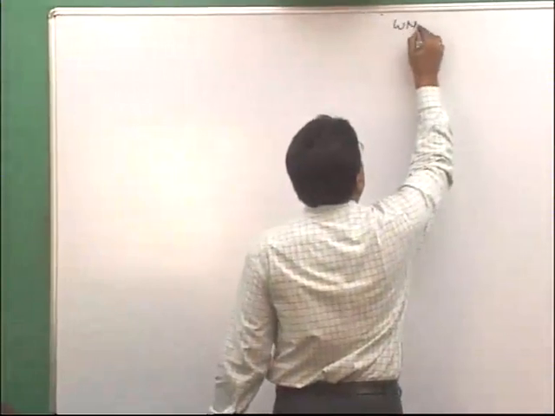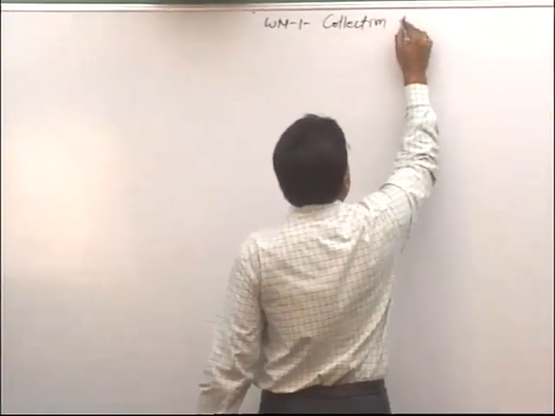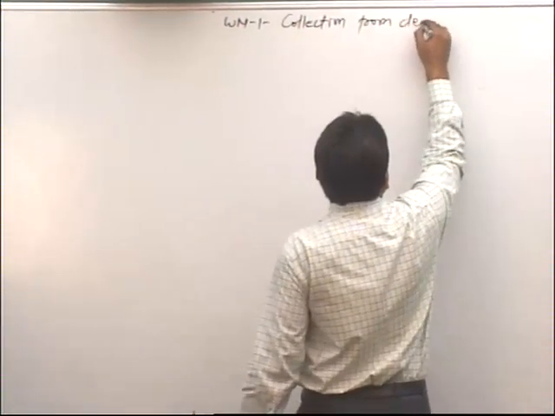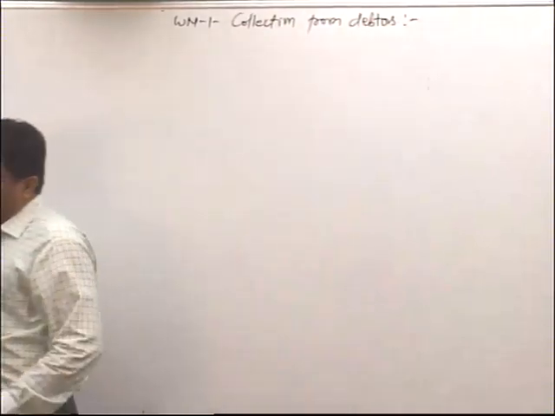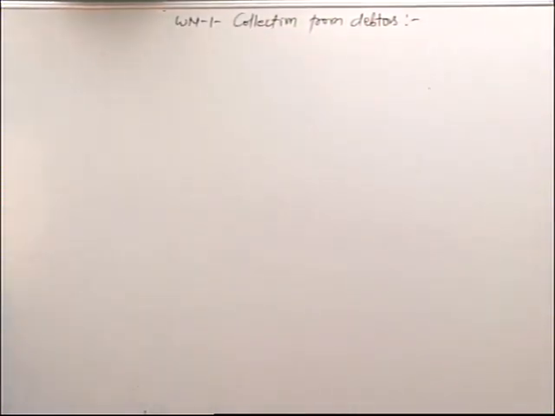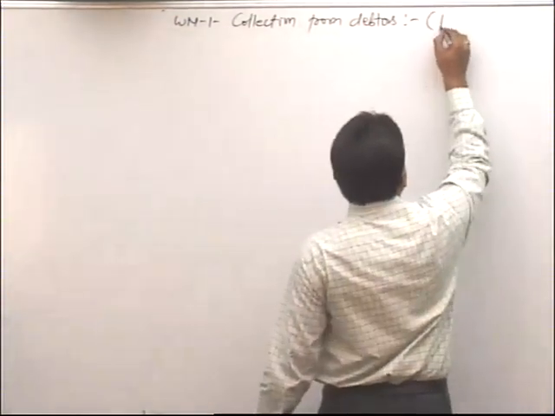Please write down working note 1, collection from debtors. Now we have to find out collection only for the 3 months, that is January, February and March. Make 5 columns, and here we write rupees in thousand.